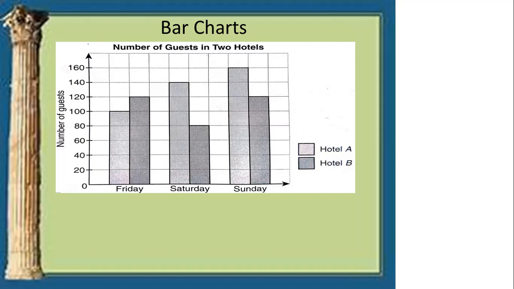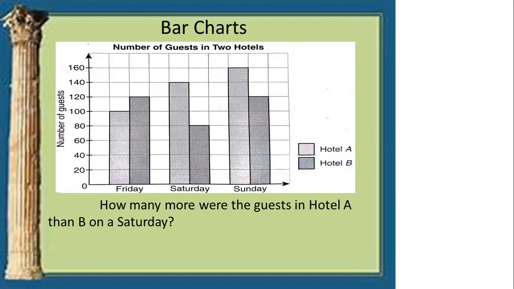Now, question. Champu, all right, stand up. Okay, how many more were the guests in Hotel A than B on this Saturday? Look at the bar chart. You have there Hotel A and B. How many? 60.